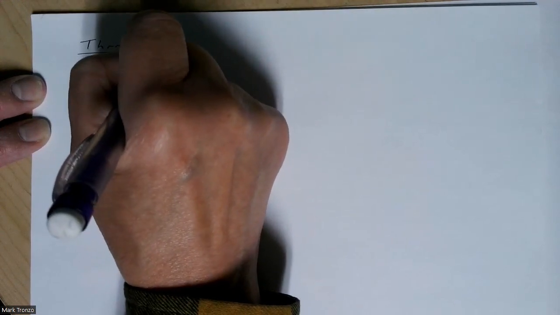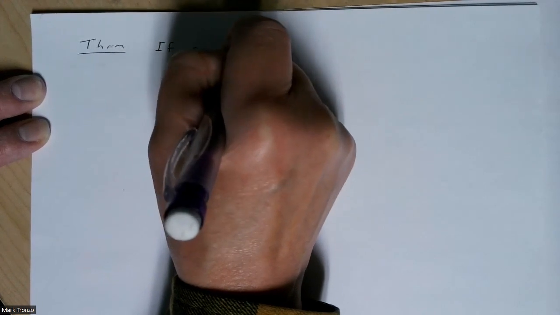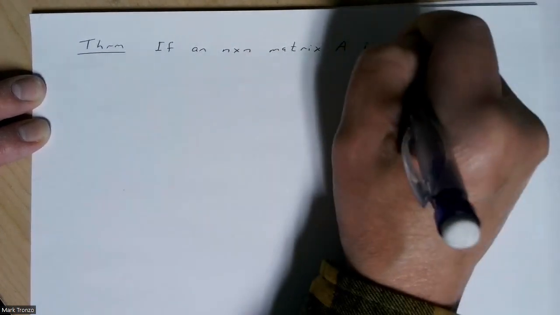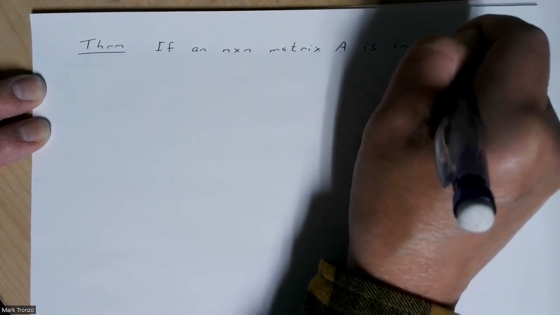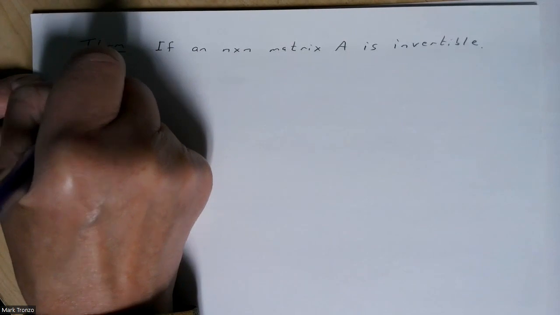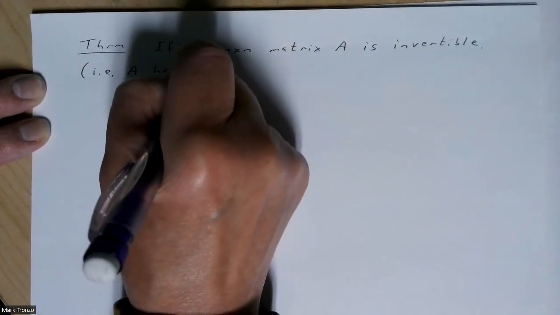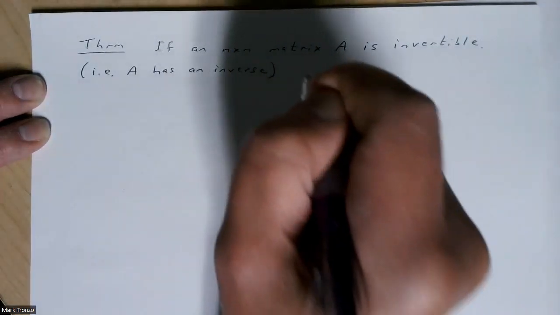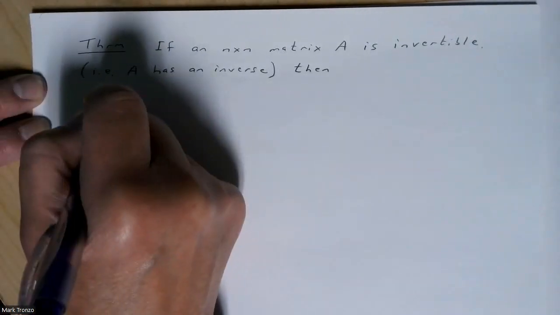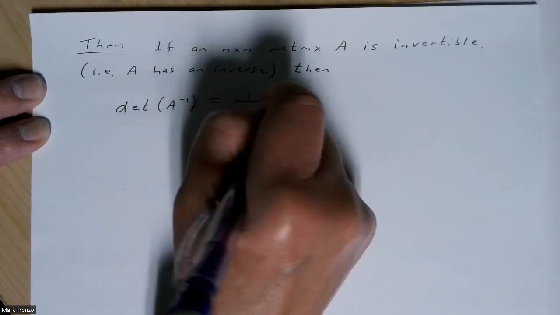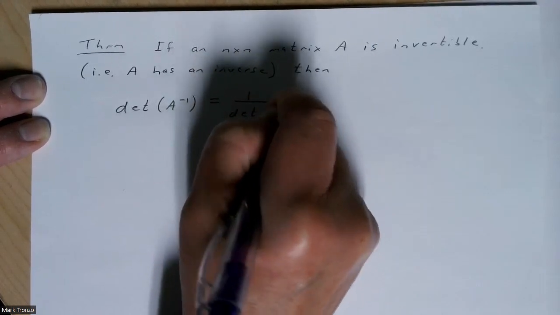Another important theorem says if an n by n matrix A is invertible, and what that means is, i.e., A has an inverse, then the determinant of A inverse is equal to 1 over the determinant of A, like this.